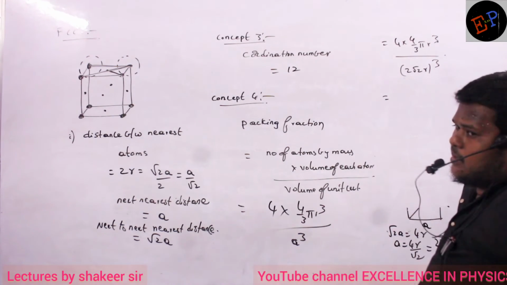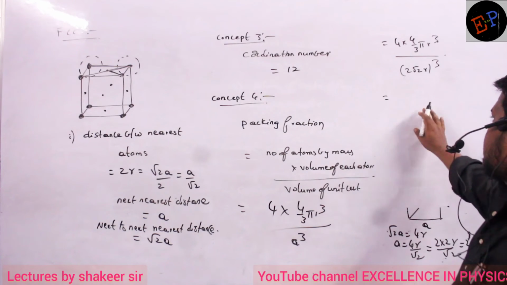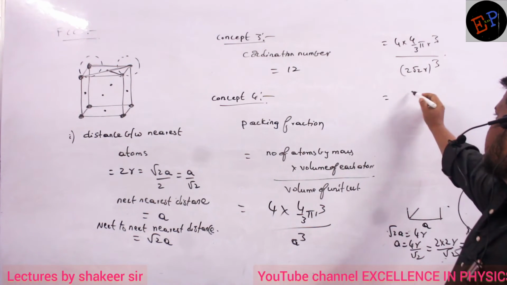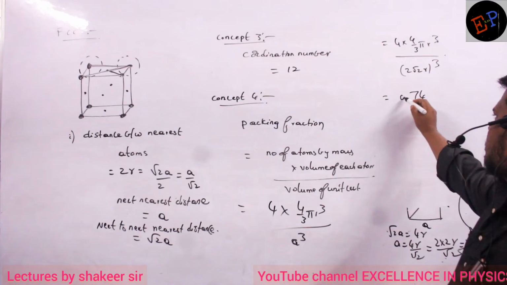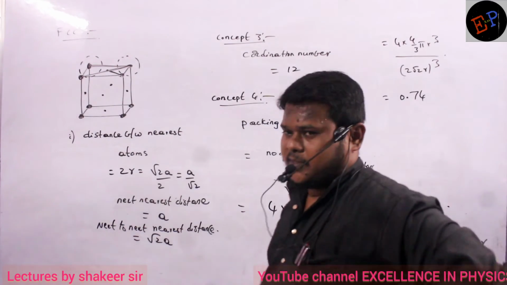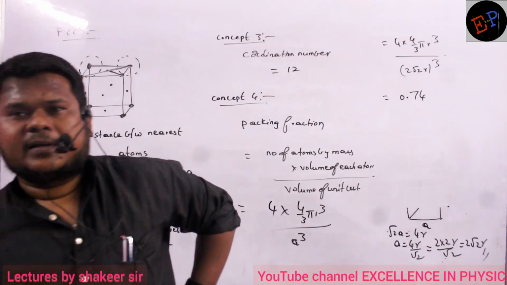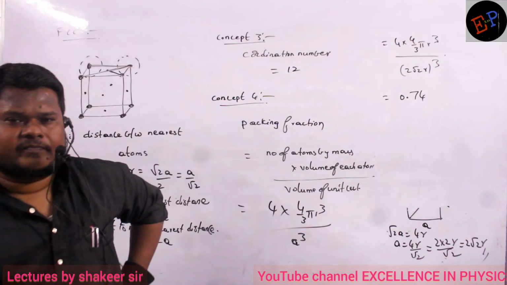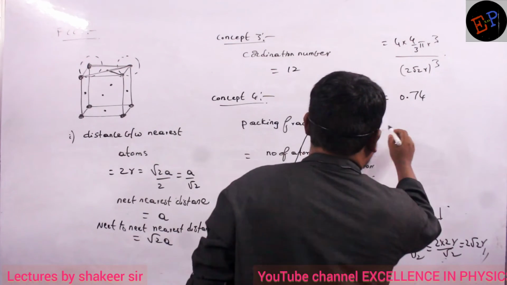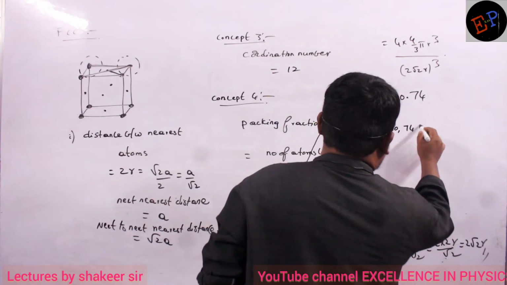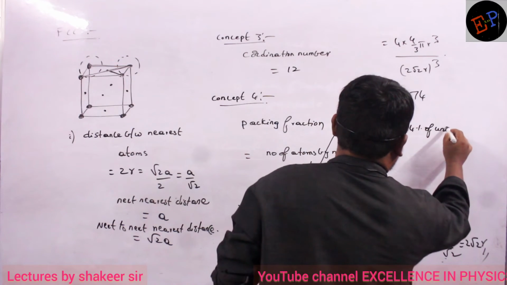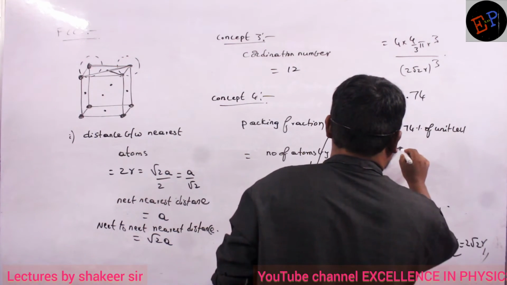Now I will not do this calculation. You do this calculation. The answer which you will get is 74 or 0.74. So how much is the packing fraction? 0.74. It means that 74% of the unit cell is occupied.